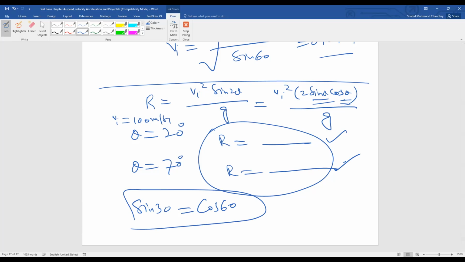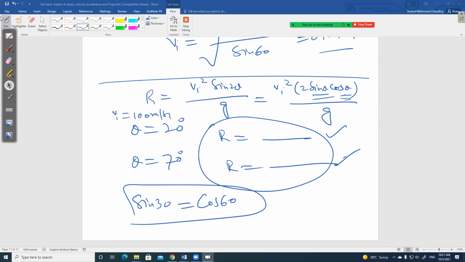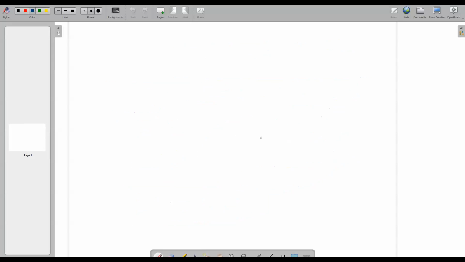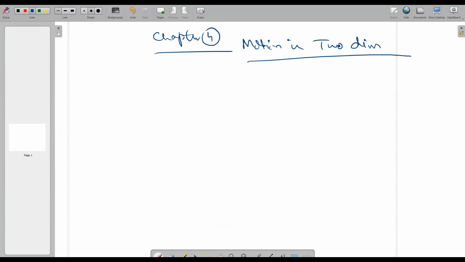Now I want to move forward to the next article, and that is uniform circular motion. So let's see uniform circular motion. Last time, in chapter number 4, the title is motion in 2 dimensions.